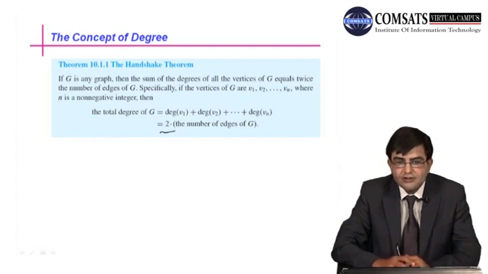This theorem is obvious, but you can see the proof. So the total degree of G is 2 times the number of edges in G.